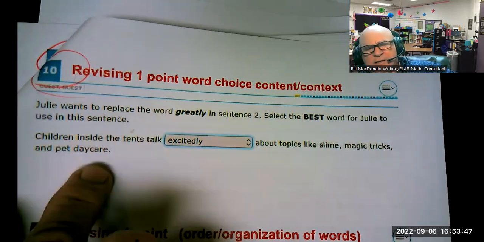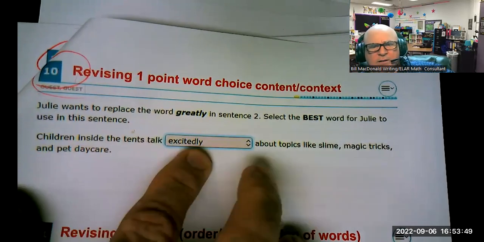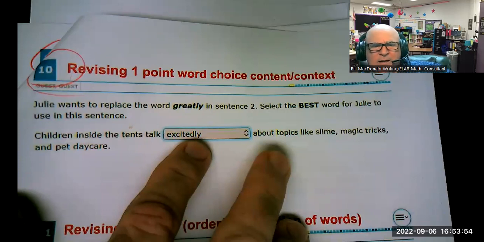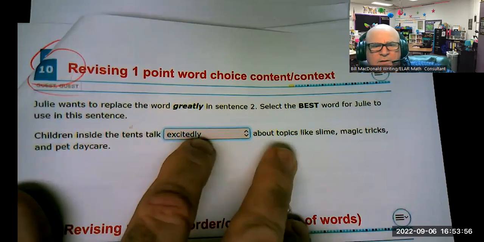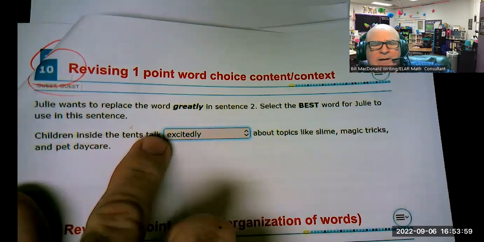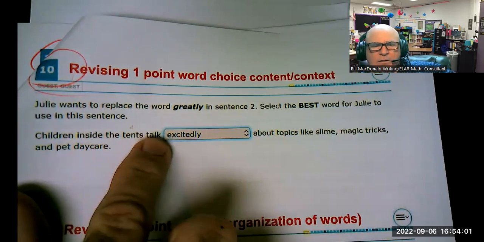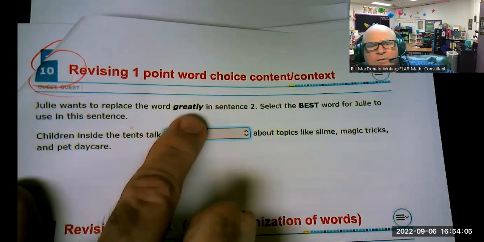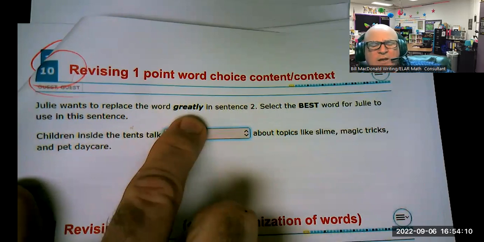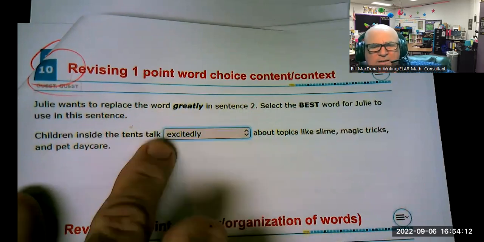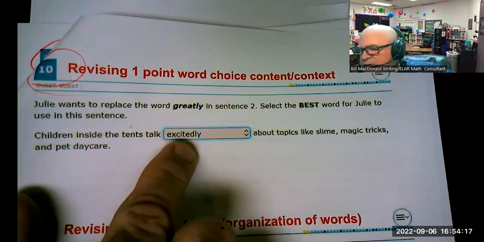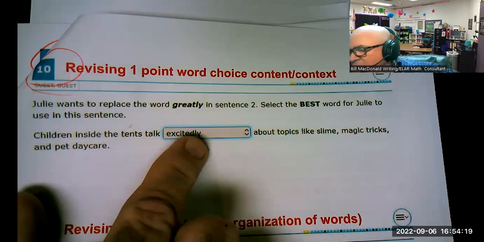Since the kids would be pretty happy to talk about those kinds of topics, how they would talk would need an ly. Greatly is not the correct context. It's more of an emotion here. So you're excited, and so you would talk excitedly. That would be the drop down that you choose for that one.